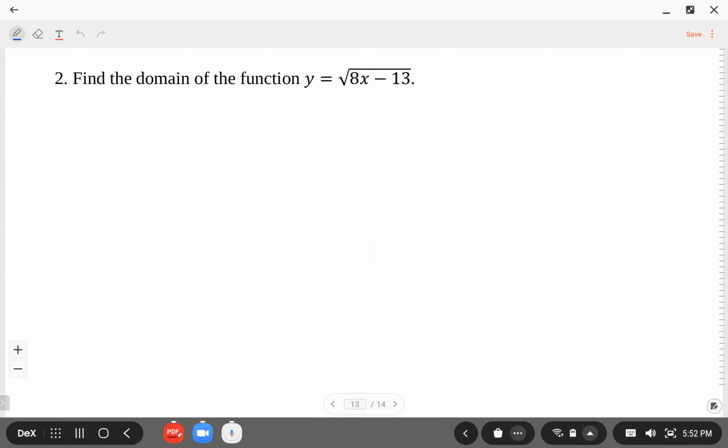And what is the answer to the second problem that I have for you?